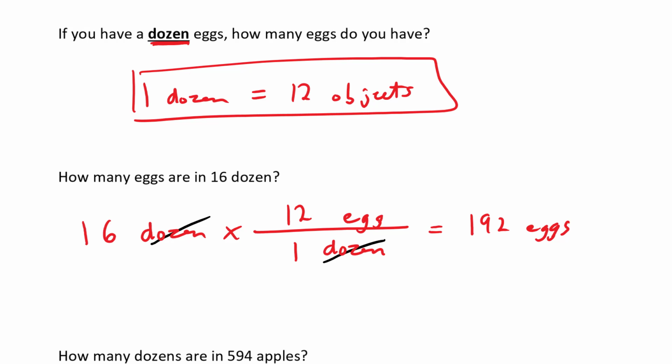Significant digits now. We're talking about eggs. If you have half an egg, you don't have an egg. So when we round off these values, we go to the nearest whole number. 192 eggs is 16 dozen. So once again, anytime you have two things that are equal, we can use that equivalency as a conversion factor.